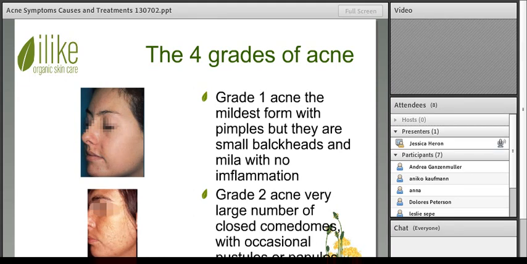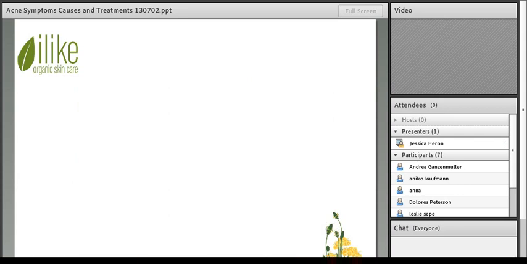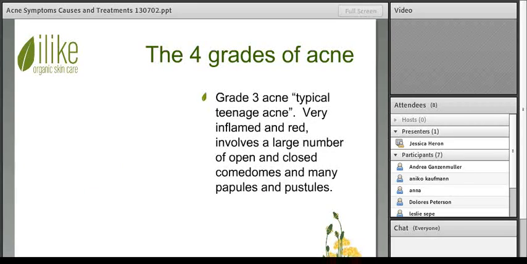But that would be the worst time to do that, because bacteria gets in there from the nails and dirty fingers, and also extractions are not done properly, so the congestion is forced back inside the follicle, causing infection. So it's best to encourage them not to pick and prod. Utilize your topical products and your facial treatments to control the problem, because we don't want this going into grade 3. Grade 3 is what we're going to talk about next, grade 3 and 4.